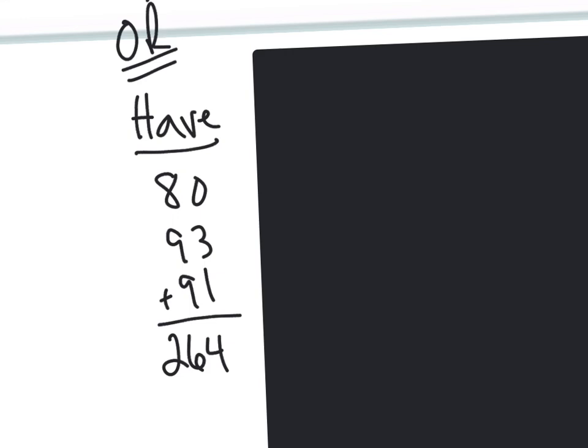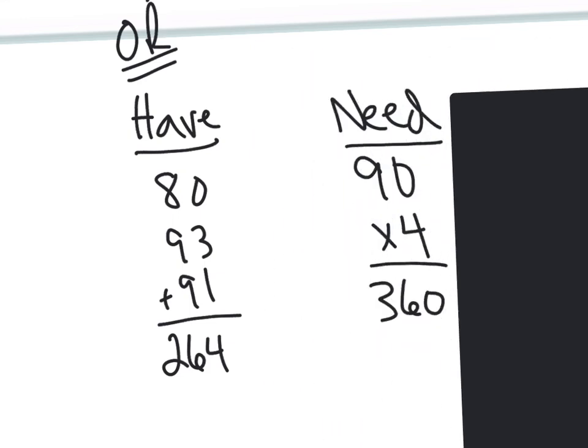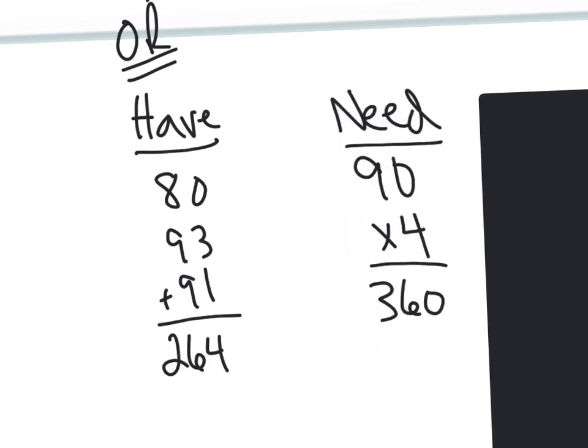So if you think about that, if you got a 90 on every single test, what would your average be? Right, so your average would be 90. So what we're going to do is we're going to say what we need. Well, if we got all 4 90s, our average would be 90, wouldn't it? So if we had 4 90s, that would be 360 points total for 4 tests. That's what we need to have an average of 90.